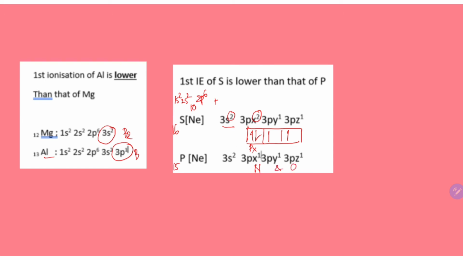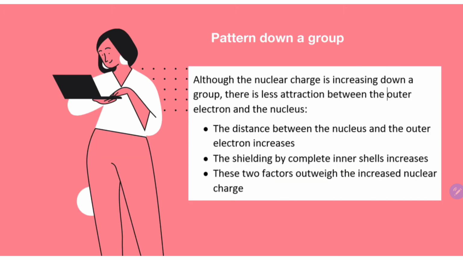For sulfur there is a repulsion force between the paired electrons here, but for phosphorus the last electron to be released for the ionization energy is from a single or half-filled orbital. Then we continue.